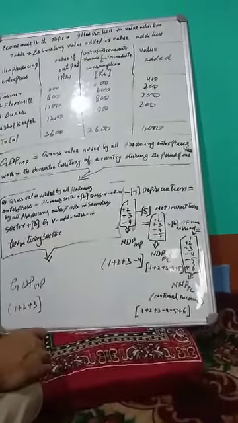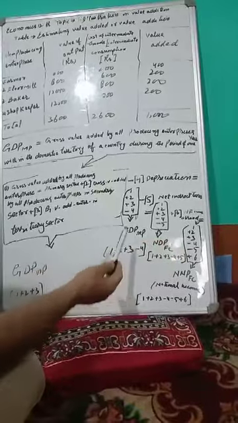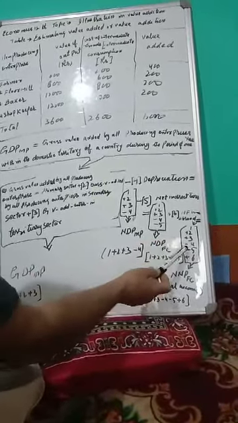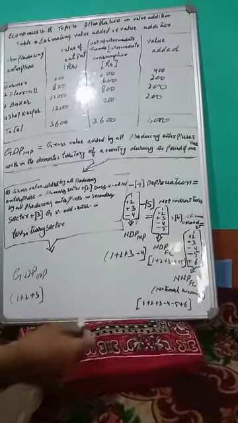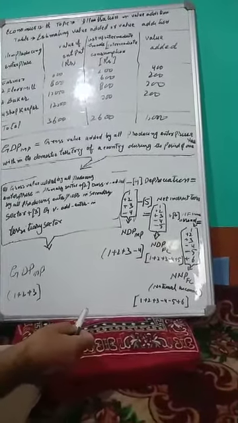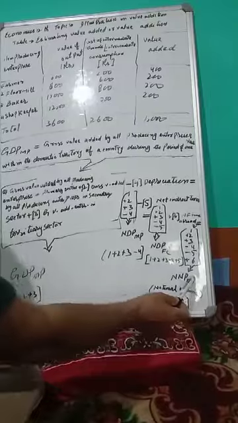And that is equal to 1 plus 2 plus 3 minus 4 minus 5 plus 6. That is net national product at factor cost.